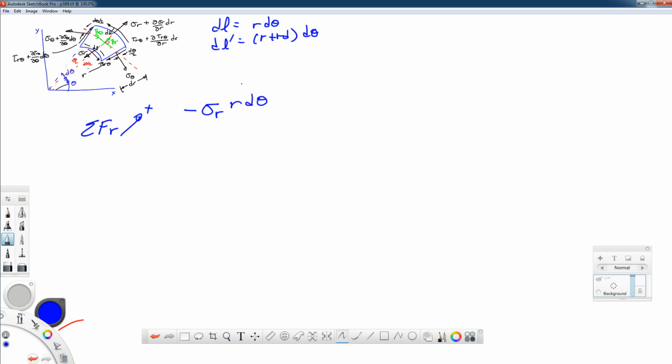Remember, t is equal to 1. I'm not going to write it down. Pointing towards the origin in the radial direction, I also have tau r theta. So that'll be negative tau r theta times its area, which is dr times t. T is equal to 1.